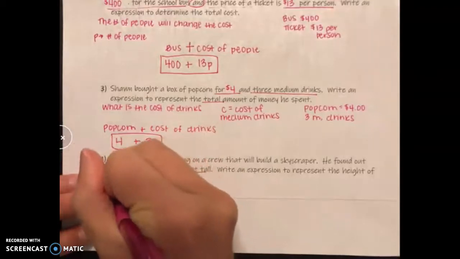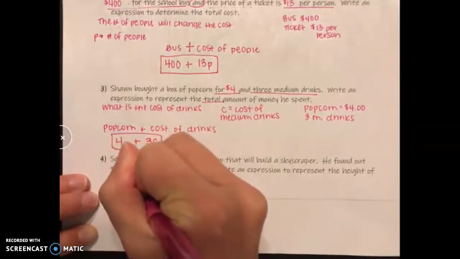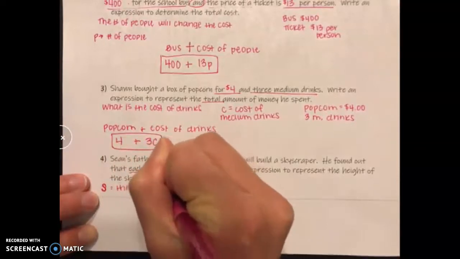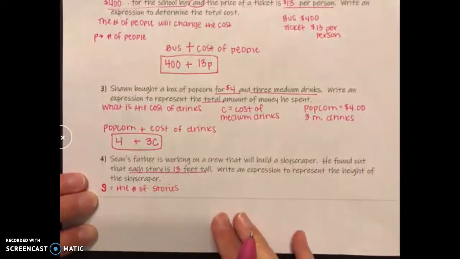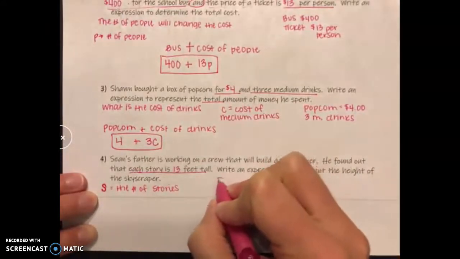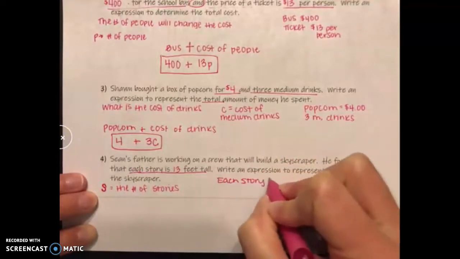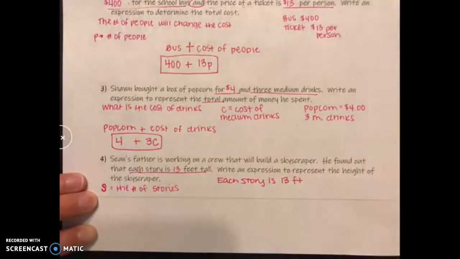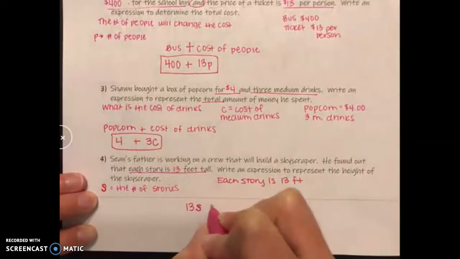So S is going to represent the number of stories. But we do know that each story is 13 feet. So we would do 13 times however many stories we have.